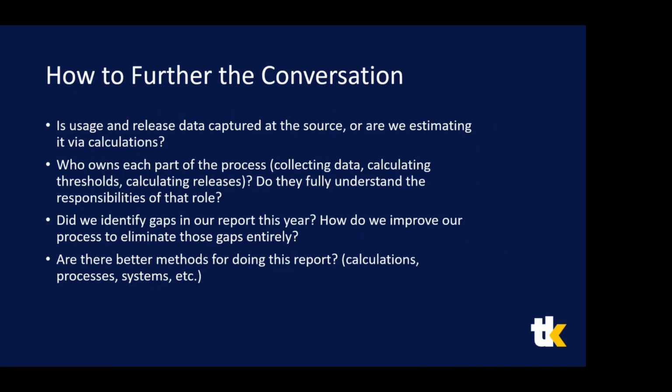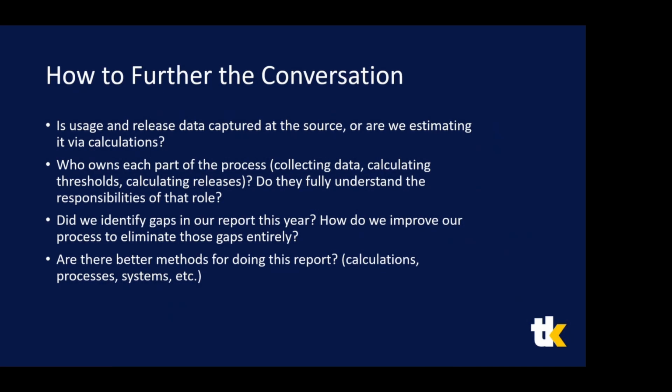Who owns each part of the process, whether that's collecting data, calculating thresholds, or calculating releases? Does that person fully understand the responsibilities associated with that role? So ownership of a process is very important to actually completing an outcome. If the person calculating the thresholds isn't aware that they need to check with procurement about potential new products, you're going to find gaps in your threshold analysis.